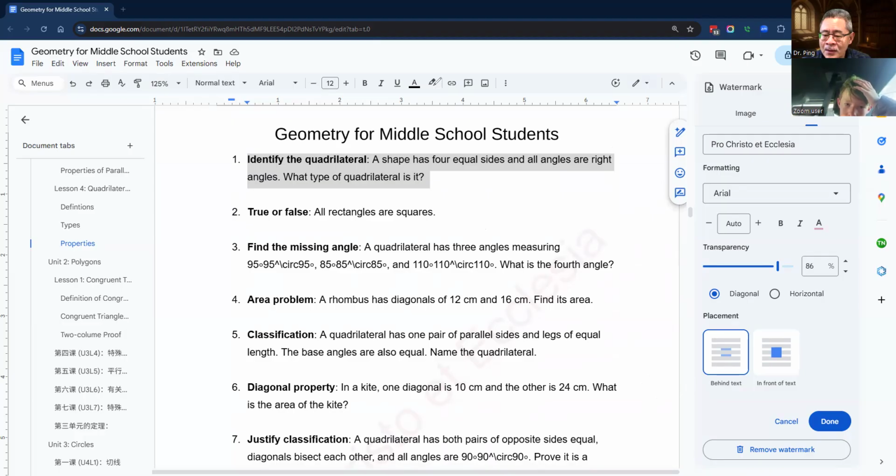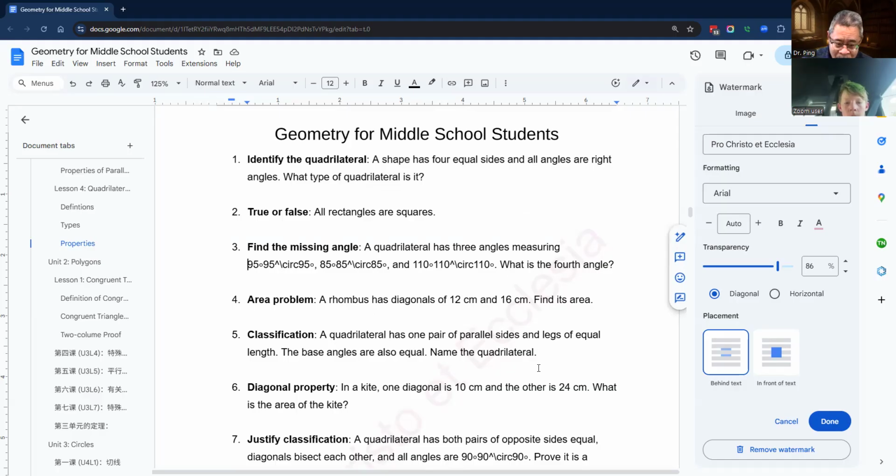Yep, very good. Problem 2, true or false? All rectangles are squares. Yep, only a square is a special type of rectangle.